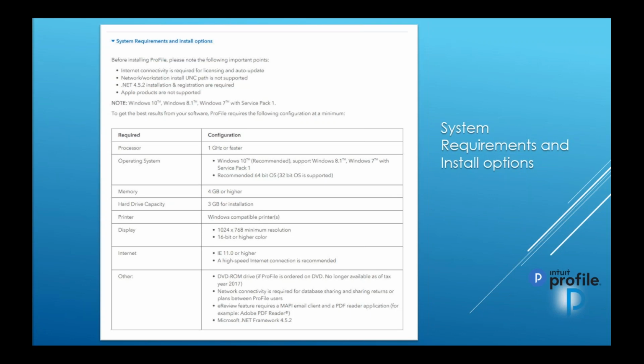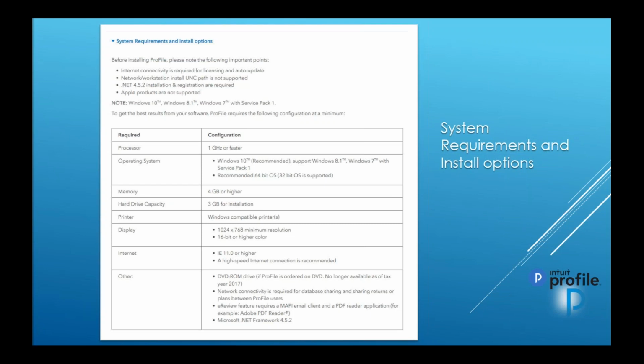So a processor that's 1 gigahertz or faster, the operating system we mentioned, 64-bit OS; 32-bit OS is supported, but it's recommended that you have a 64-bit.